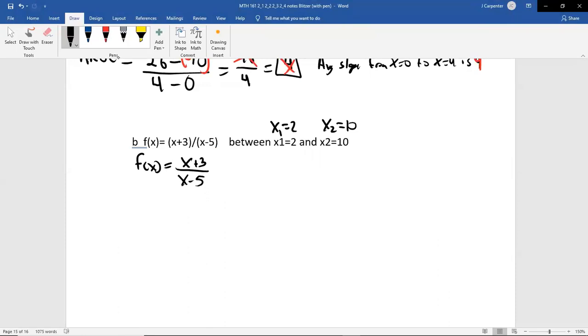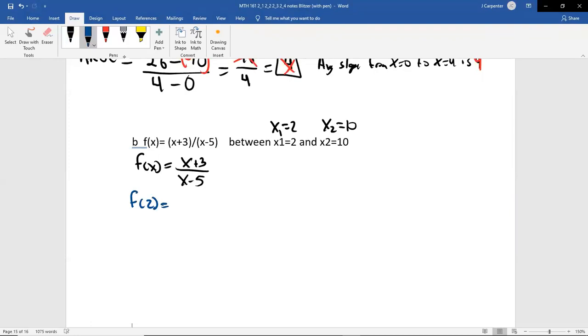The average slope will be different if you went between 0 and 5, or -2 and +2, or 0 and 1, or 0 and 10, or 0 and 50. We specifically want the change between 2 and 10. So first we got to find the f of x1 and f of x2. So we plug these in.